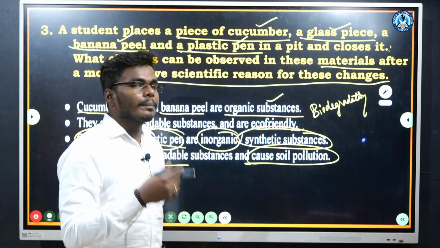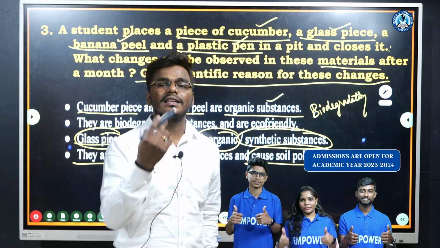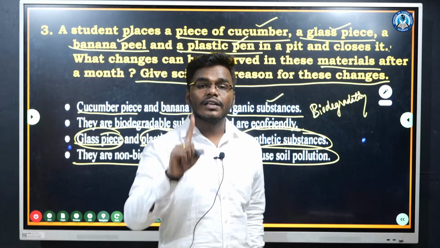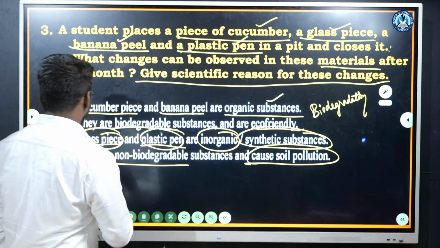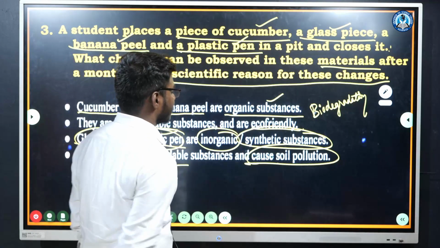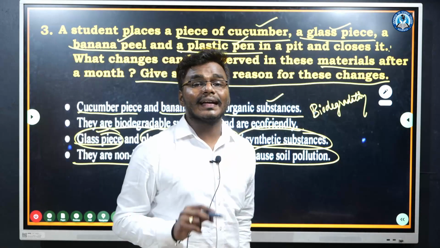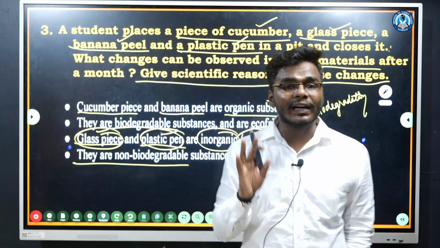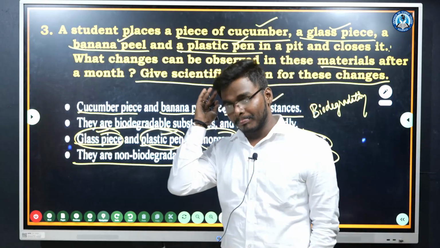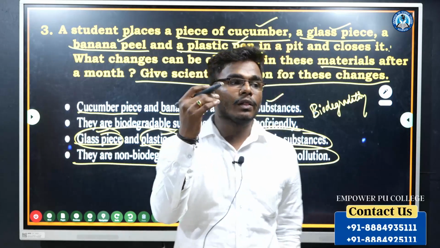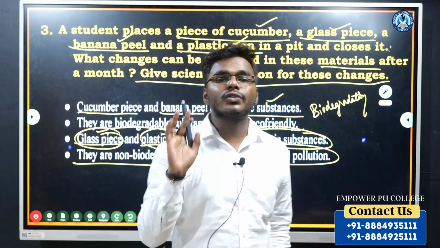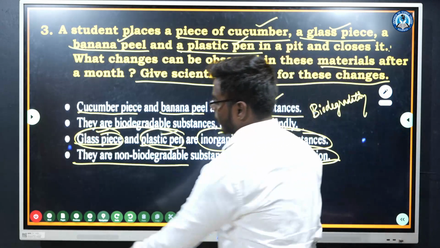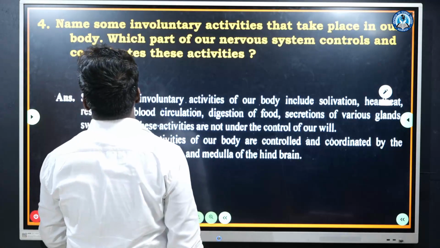So cucumber and banana, being organic substances, easily undergo biodegradation and are eco-friendly, is your first point. The other point is the glass piece and the plastic pen are inorganic and synthetic substances. That is, they do not undergo any kind of biodegradation. They are there in the soil for a very long period of time, bringing soil pollution. I hope this is clear. So moving on to the next question.